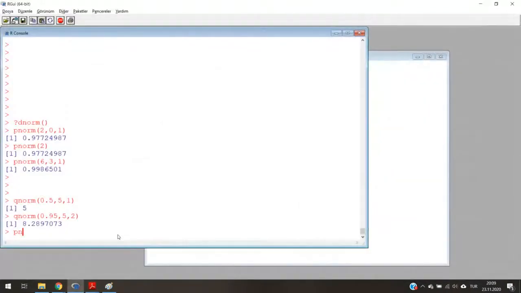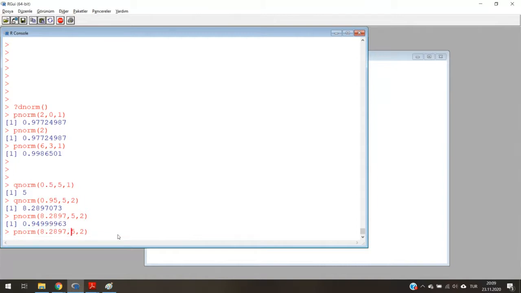Now, let's check. What is the probability of a normal random variable with location parameter 5 and scale parameter 2 to be less than or equal to 8.2897? That is, as you can see, approximately 0.95. Because I have not exactly introduced that value, I couldn't get 0.95.